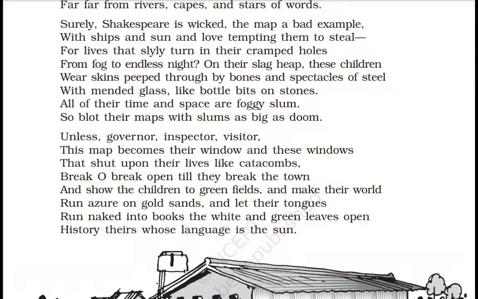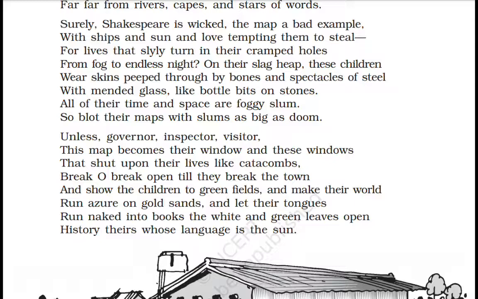He believes that these people are responsible for the plight of these poor slum children. Because if they come forward for the cause of these children, then their situation could be changed, their poverty could be eliminated. So the last paragraph is full of optimism, full of positivity.